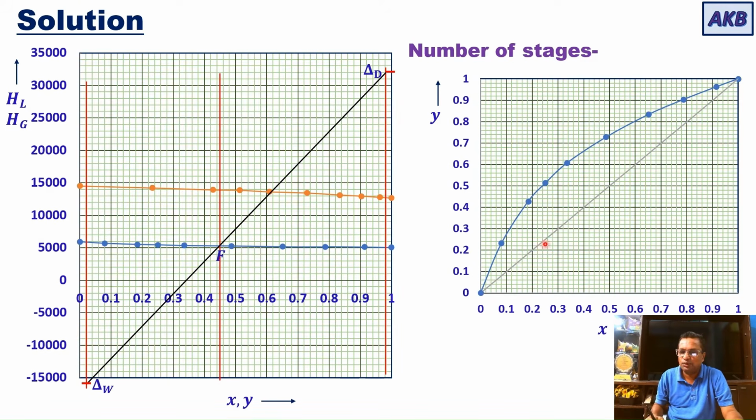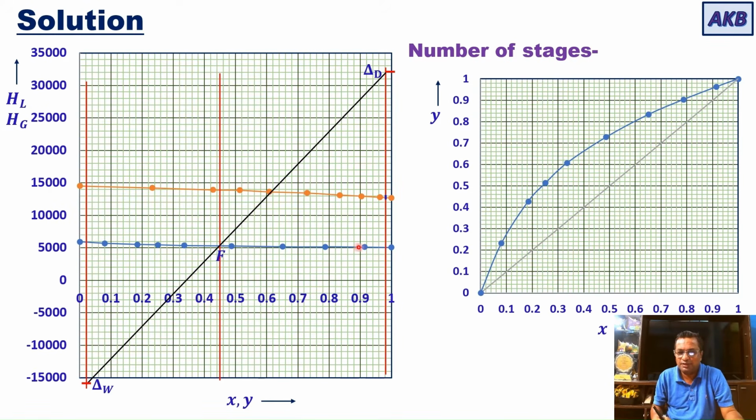And this diagonal we are drawing for our reference. Why is it called the distribution diagram? Because every point on the curve gives the distribution of the component between vapor and liquid phase, when the vapor and liquid phases come to equilibrium with each other. That's why this diagram is also called the distribution diagram.